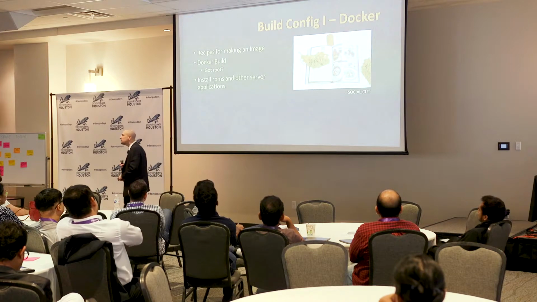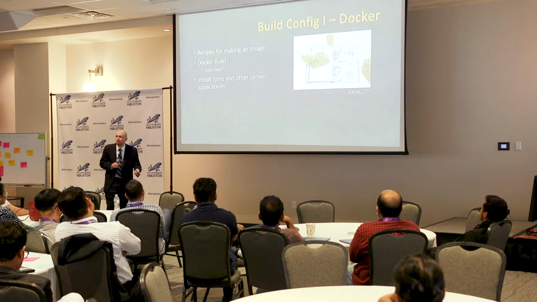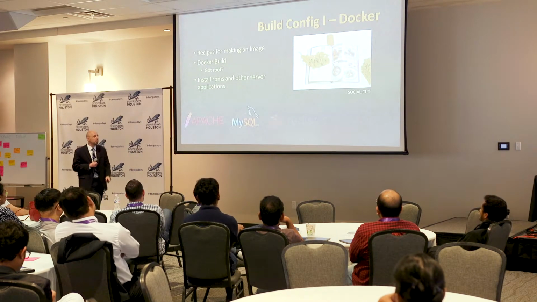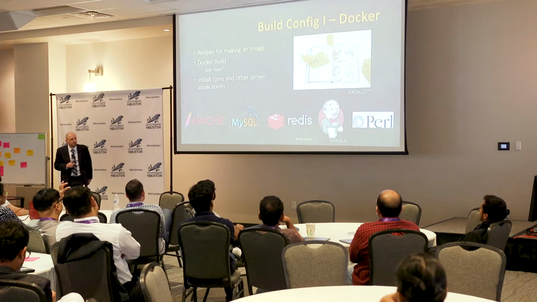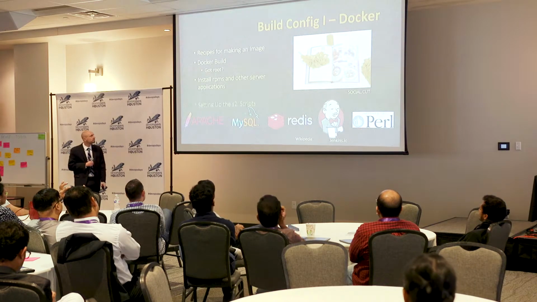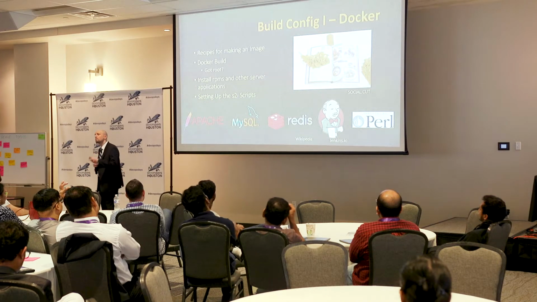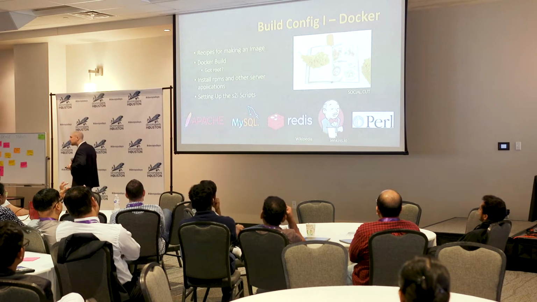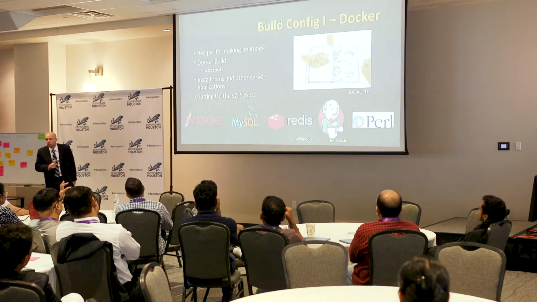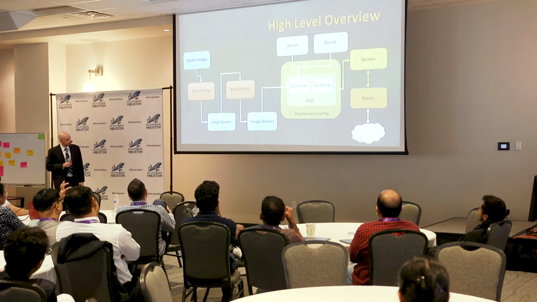This is where I'm going to be able to install RPMs, install other server applications, Apache, MySQL, Redis, Jenkins, and so on and so forth. This is also going to be where I set up the S2I scripts, where I basically put the source to image scripts inside of my build so that I can consume them later.